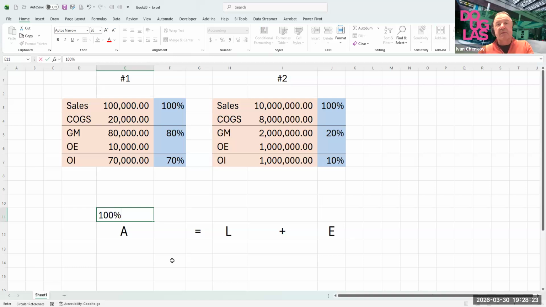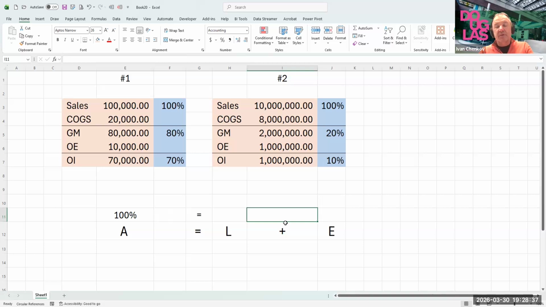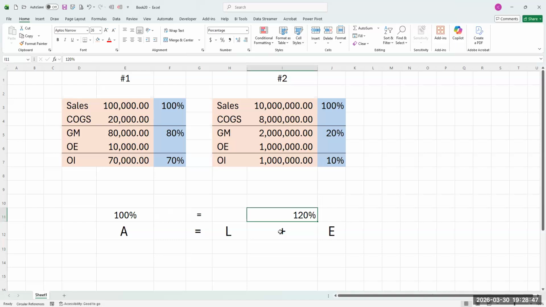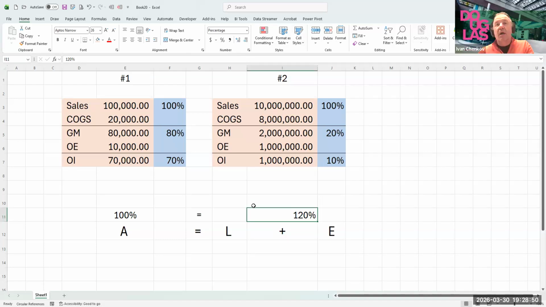If the assets are 100%, what do we have on the other side? Is it possible, if on one side of the equation I have 100%, to have 120% on the other side? No. So how much will the liability plus equity be? It has to be equal to the assets. As a percentage, it has to be equal to 100%.